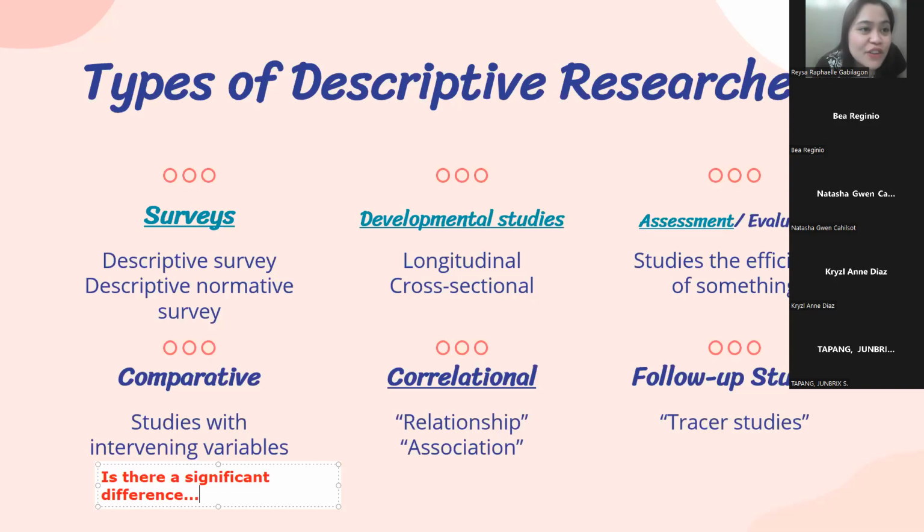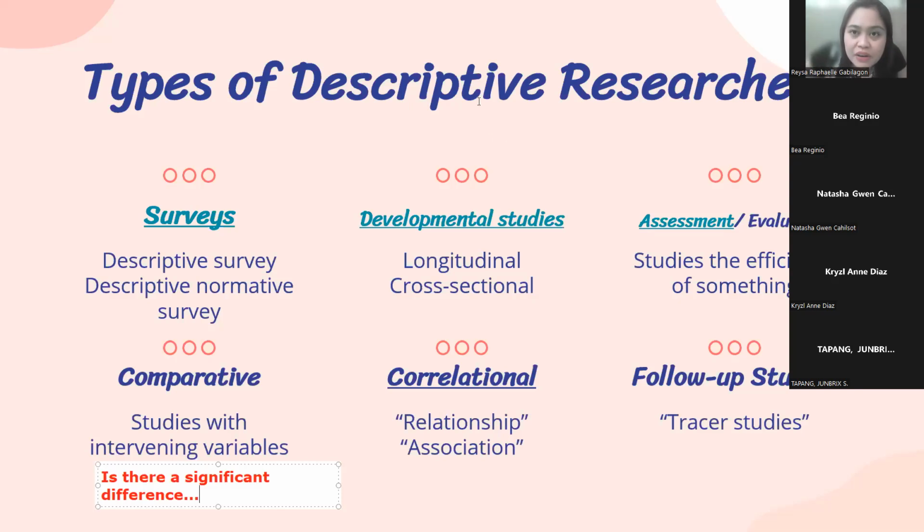So again, look at the SOP. If the SOP asks, is there a significant difference, its research design is called quantitative, descriptive, comparative research design. Okay?